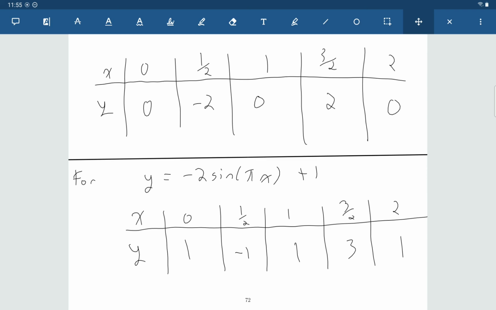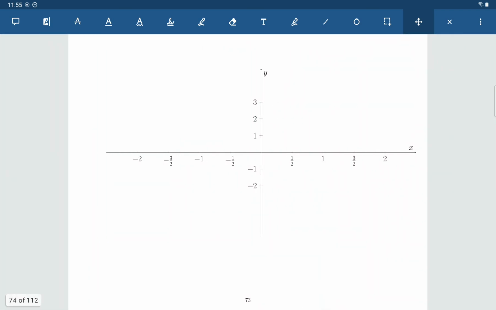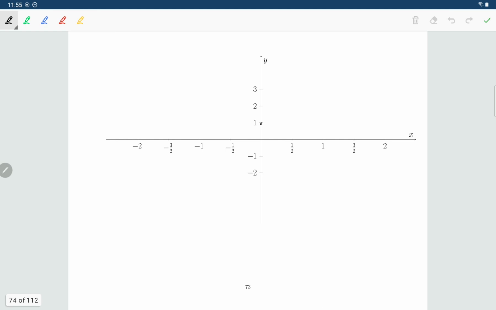So I'll start plotting my points, starting at (0, 1), (1 half, -1), (1, 1), (3 halves, 3), and (2, 1). So we have our sine function that's been shifted up by 1. And there we go.